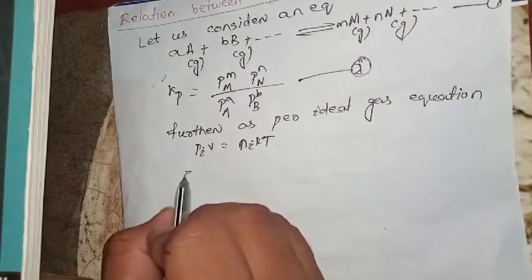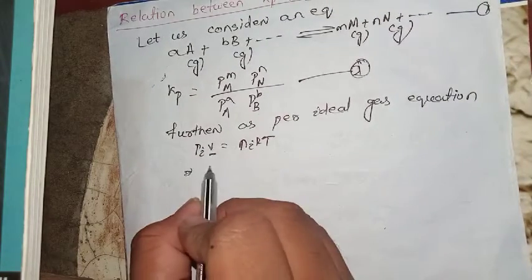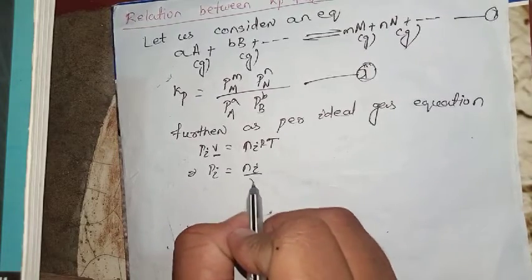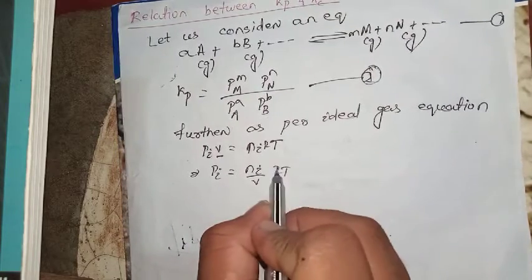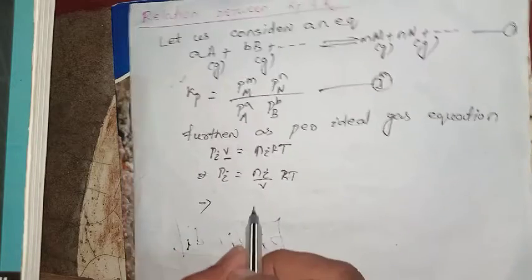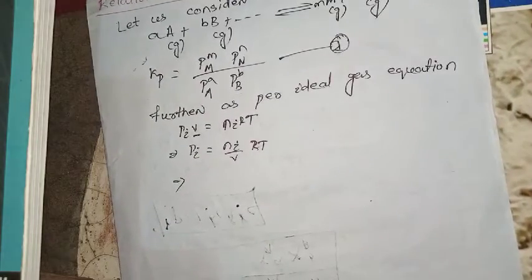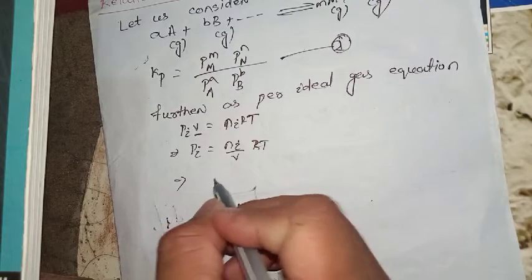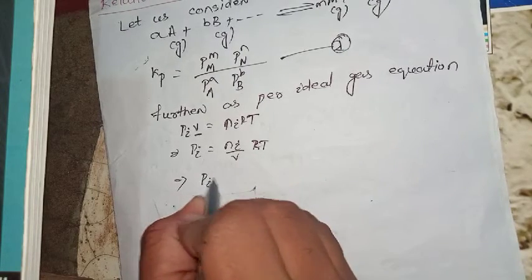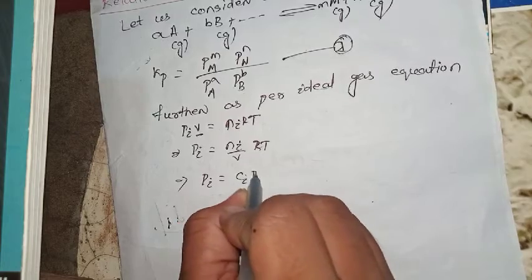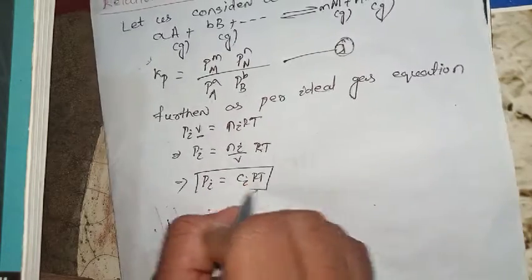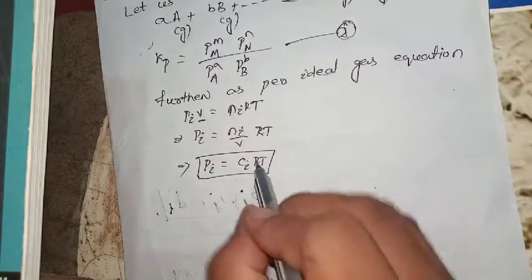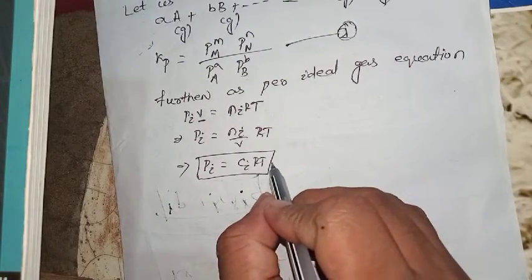If we take V to the right hand side, Pi is equal to ni by V into RT. What is ni by V? Number of moles by V is the concentration Ci. So Pi is equal to Ci RT. We will take this as equation 3.